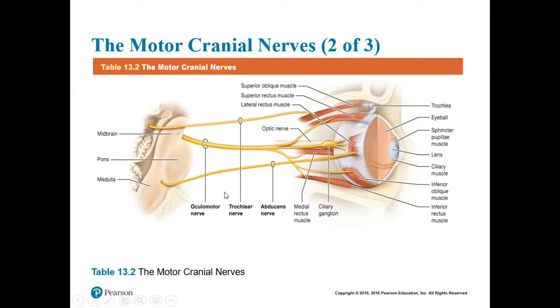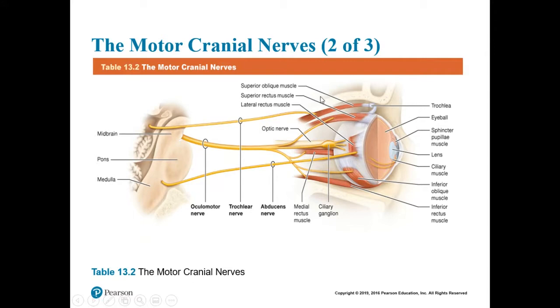So let's take a look at each one, starting with the superior most, which is the trochlear nerve. It originates on the midbrain, the upper part of the brainstem right here. It extends all the way over to the trochlear muscle right here.